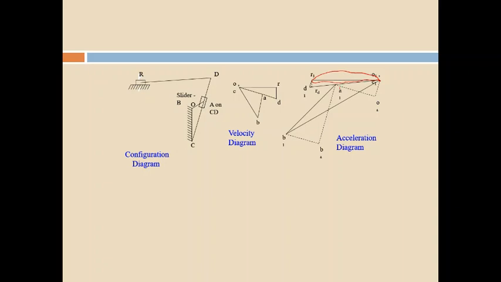Then they have asked us to find the acceleration at point A. So from this point to point O1, you just measure this length and write it. So we got the answers.